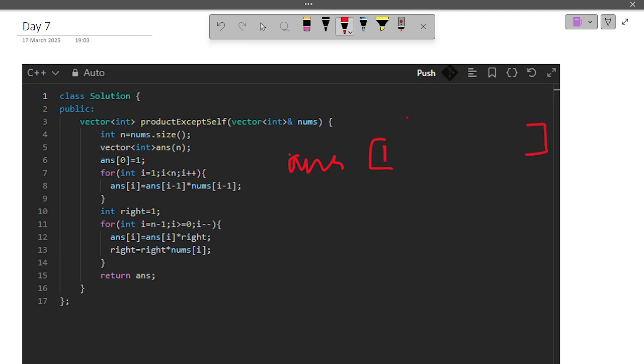And after that we iterate from here. So here what we do, answer of i is equal to answer of i minus 1 multiplied by nums of i minus 1. Basically, we multiply this element and the given element at this position.